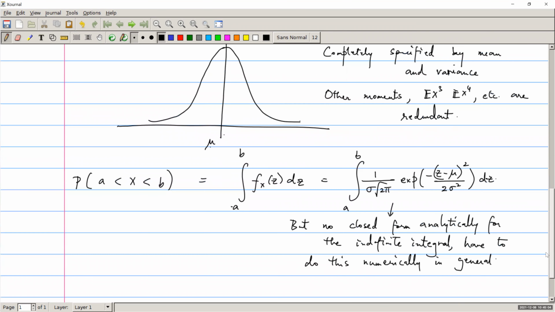So in general, we compute this integral numerically. So the indefinite integral does not have a closed analytical form. So it's not a big deal. We can work with this.